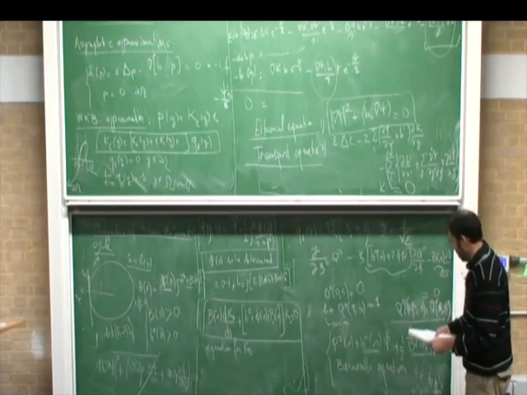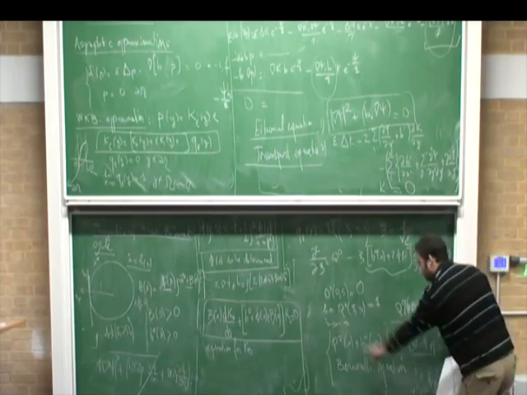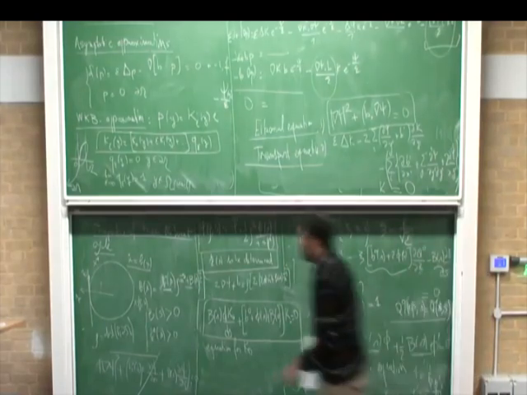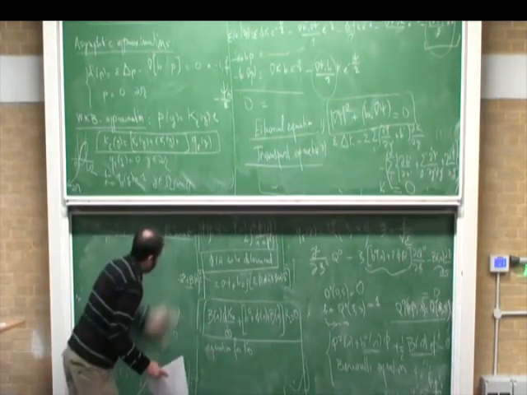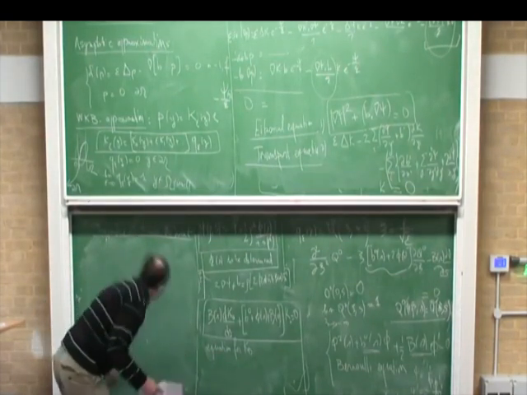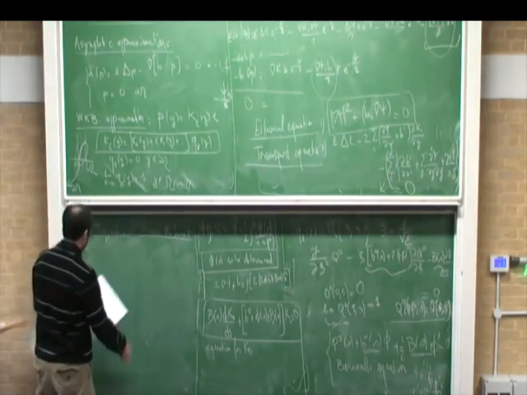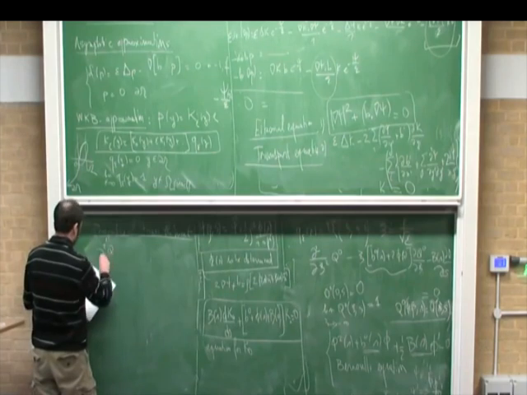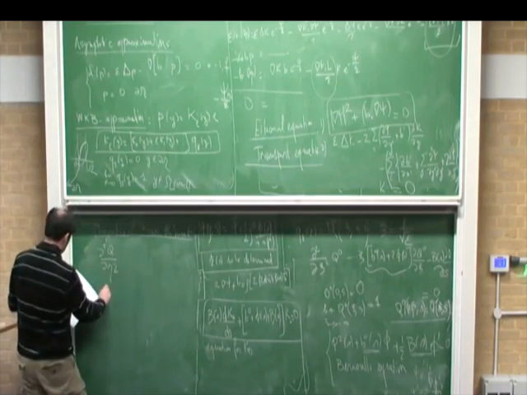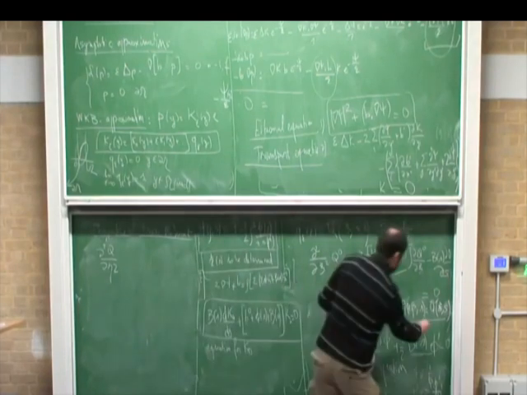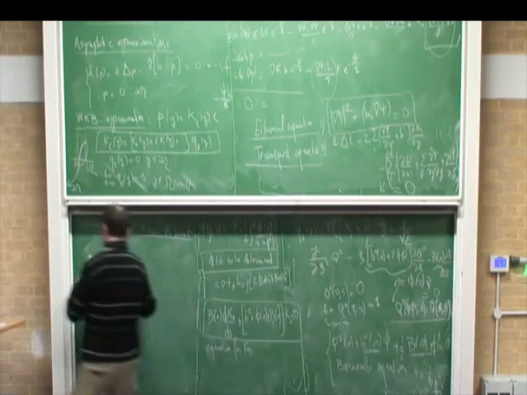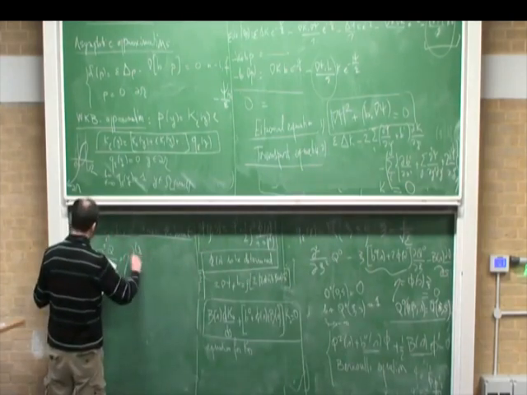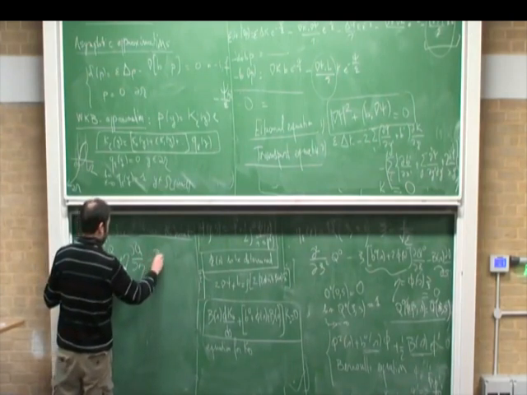I'm not showing it here, but what we get is dq d eta, where eta is a new variable, plus eta dq d eta minus b of s divided by psi of s.